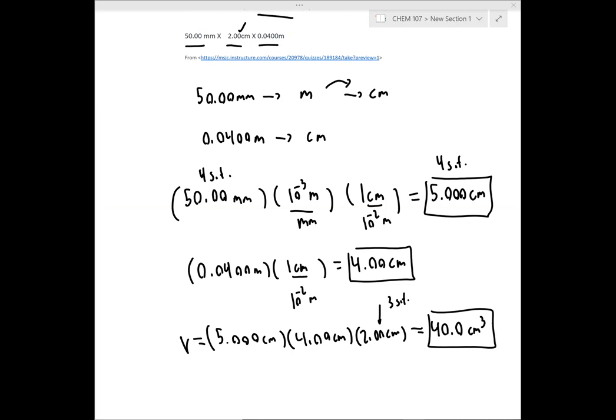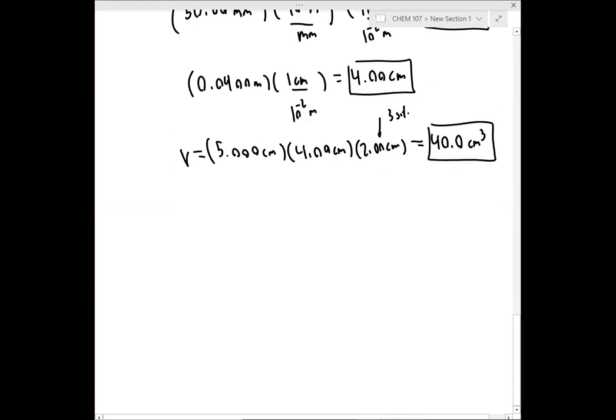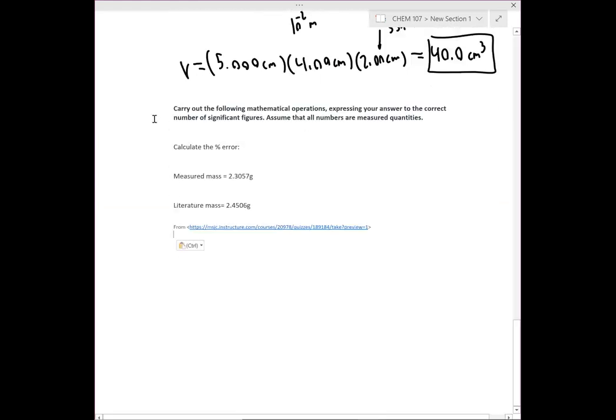Okay, so let's keep going now. We're asked to carry out a percent error calculation given the following values. So let's look at 41. Percent error is equal to the experimental minus the literature over the literature value times 100%.